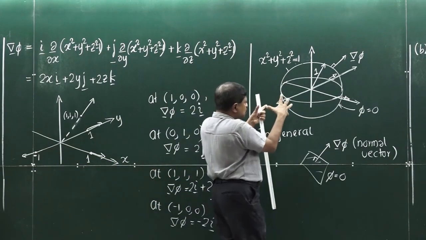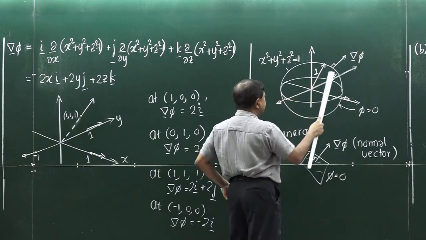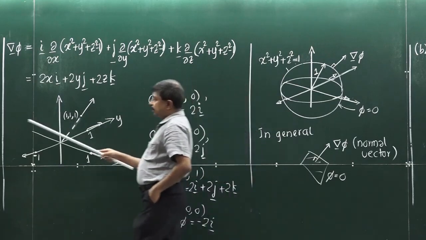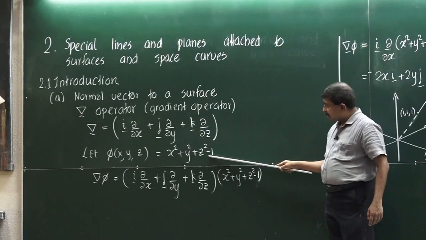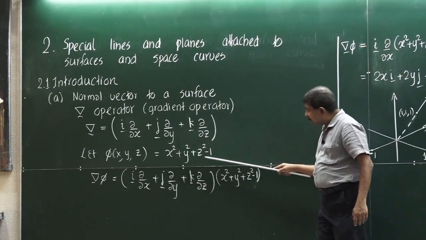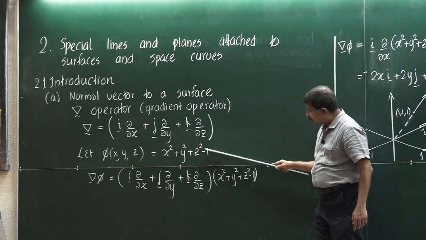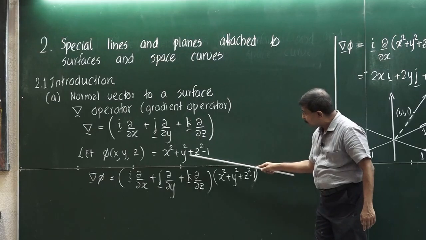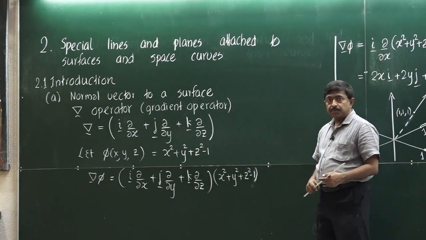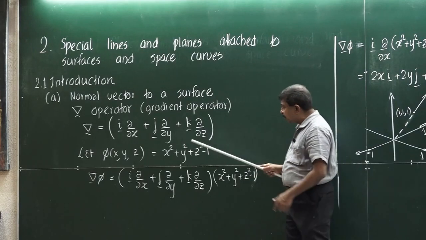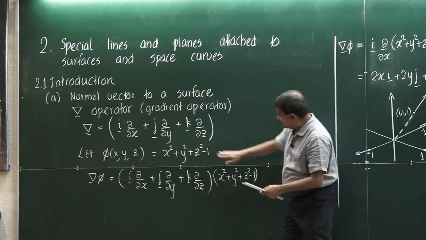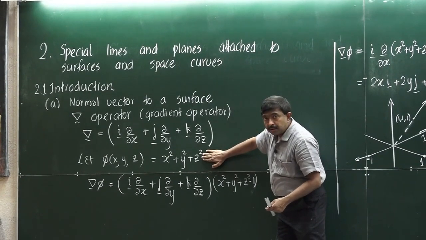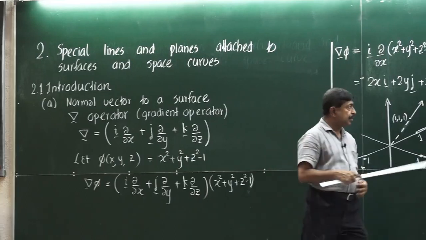You can see that if you move in these directions, this function phi increases. Forget about the minus 1, as it is a constant. This function basically depends on x squared plus y squared plus z squared, which is the square of the distance from the origin to that point.